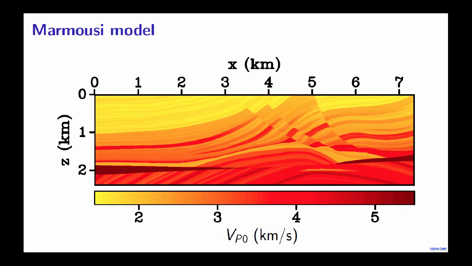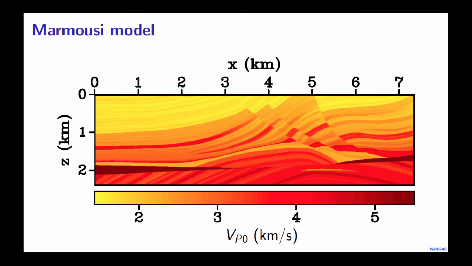Now we show the application of this to a slightly more complicated model. This is a VTI Marmousi model developed by Tariq Al Khalifa. Originally, this model has only the VNMO and eta fields, but in order to accurately perform the migration, we scaled the eta field to obtain the delta field, and this way we have all of the VP0, epsilon, and delta fields.